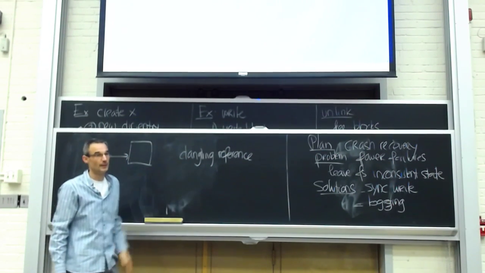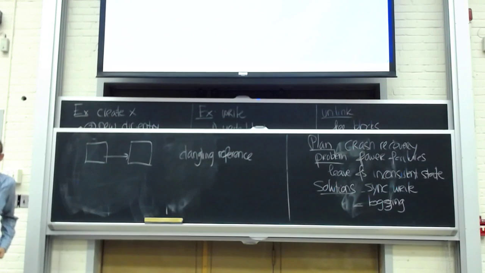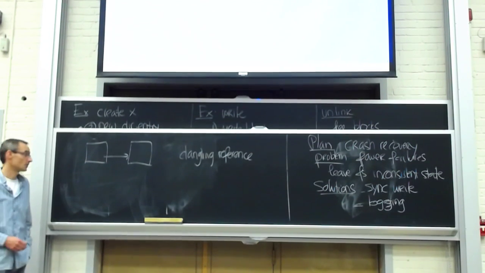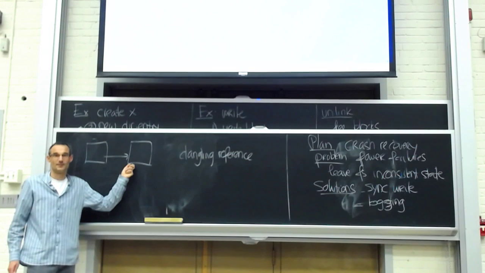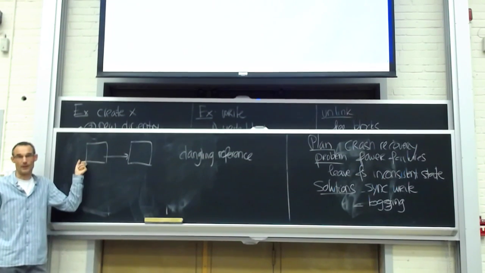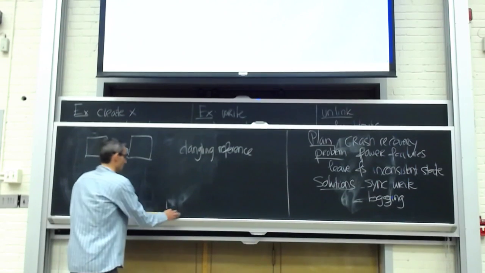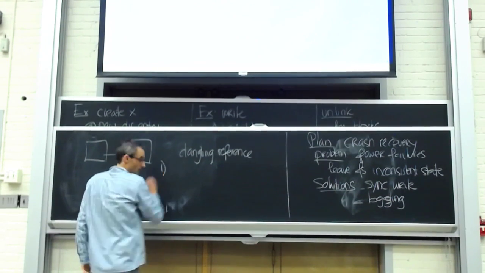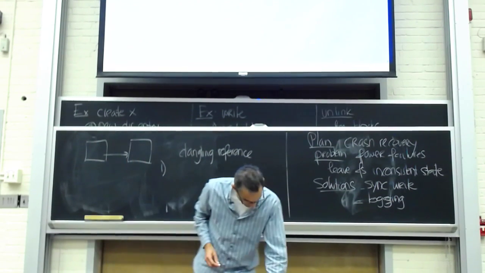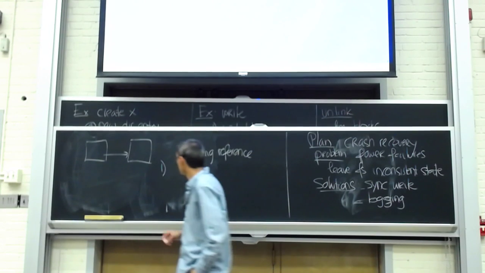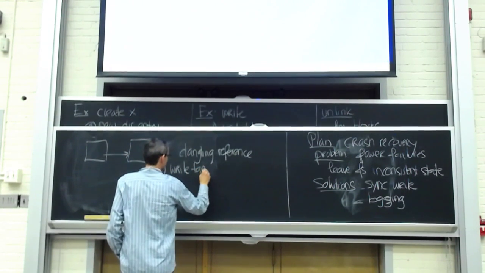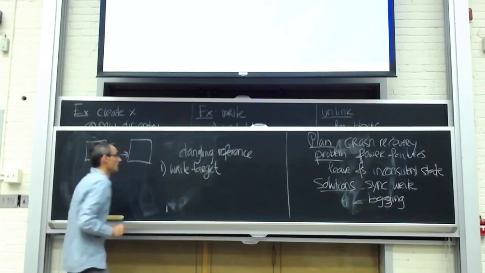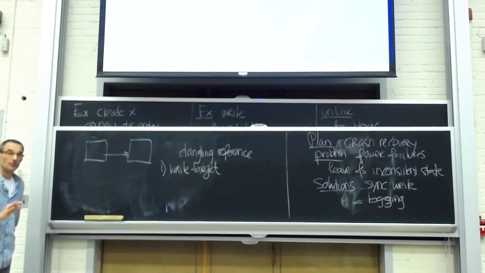So if you think about that, then there's a very simple protocol that you should follow in the implementation of your file system. You should always first write the target, and then create the reference to the target. So in a simple way, step one is write target. But we have to be a little bit careful.